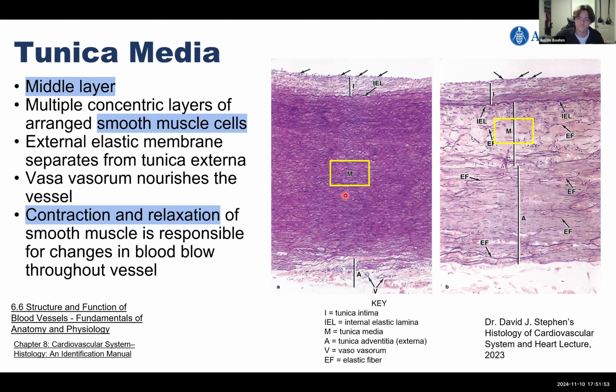And one more thing is that it is the thickest in arteries here. You'll notice it takes up a big majority of that, whereas in the veins, it's maybe about a third of it. It's not quite so significant.